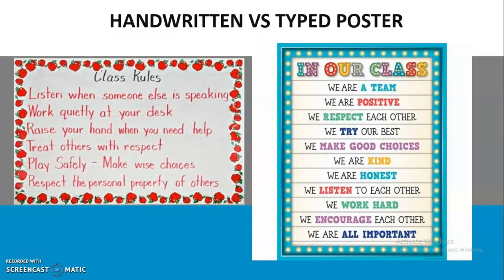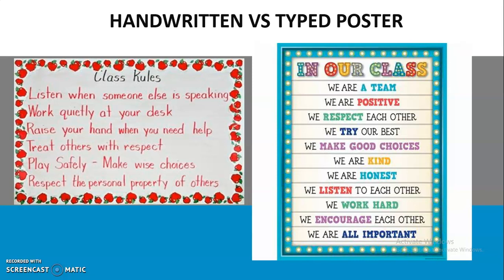So these are some of the examples I can give you. The first section on the left side is a handwritten poster, and we have a chart or a poster which is typed with a computer. I love this one because it engages all the students, the right column.